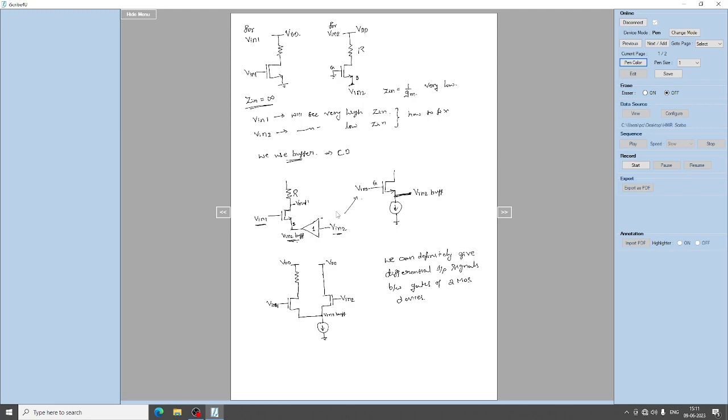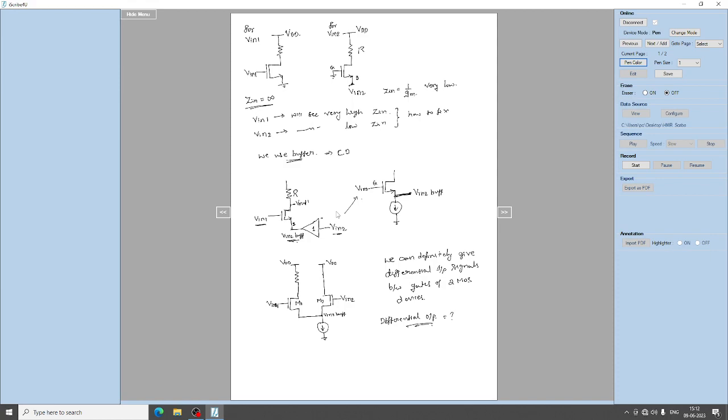If you give the input to the gate terminal of the two MOS devices, with respect to the gate terminal the impedance is very high. So this is M1 of common source, this is M2 of common drain, right. So this is giving the input signal. Now how to take the differential output from the circuit, right.